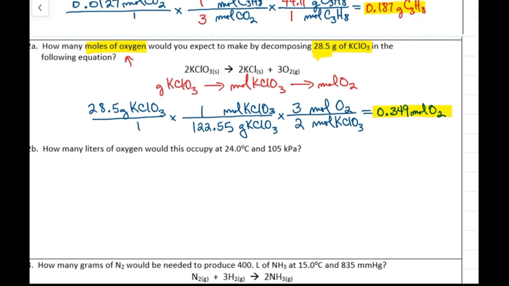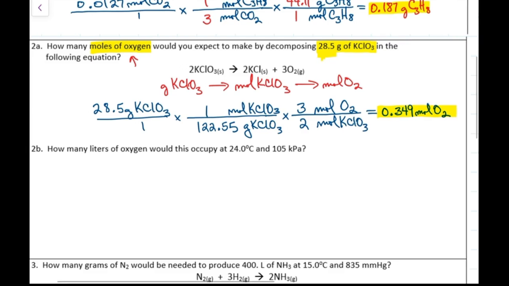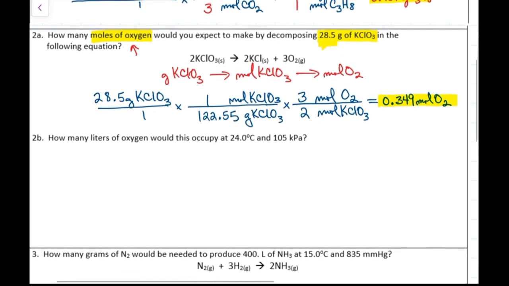Okay, so there you can see what I got, 0.349 moles of oxygen. And so that would be starting with grams of KClO3, and then since oxygen is a gas, the next question is going to use that information.